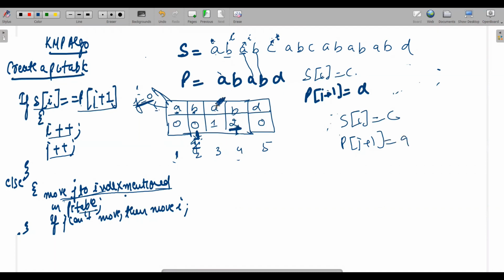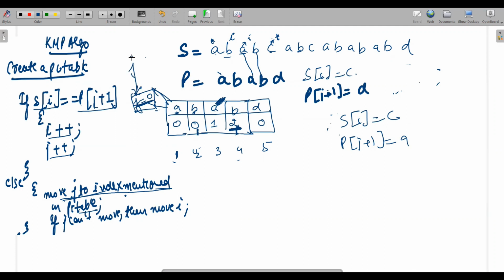I'm matching this A with this A. Is it matching? No matching. It means move J to the index mentioned in pi table. Index mentioned is 0, so you are moving J to 0, so J comes over here, right?